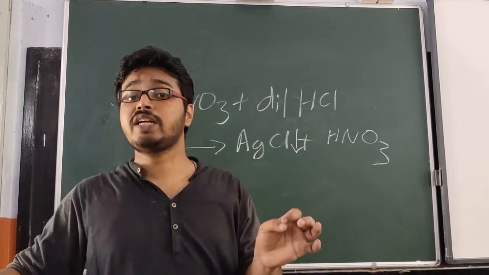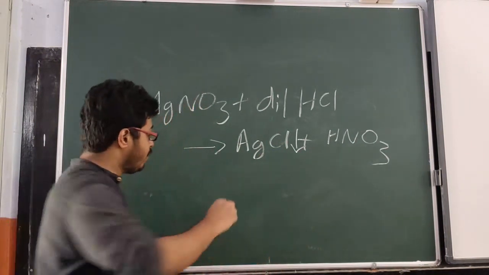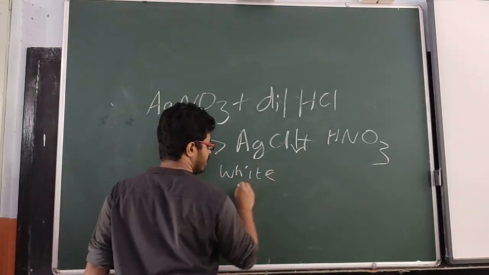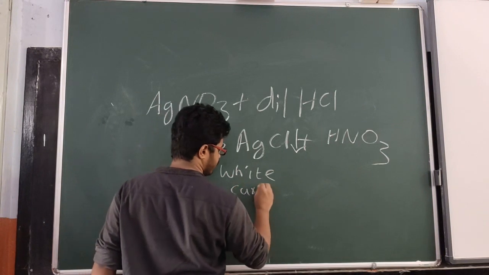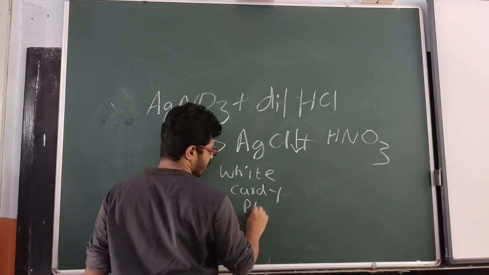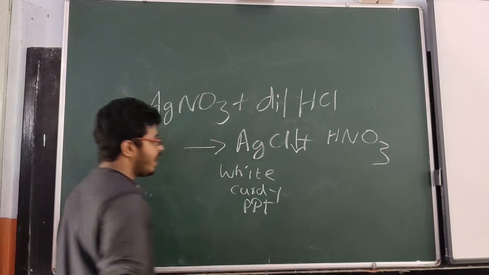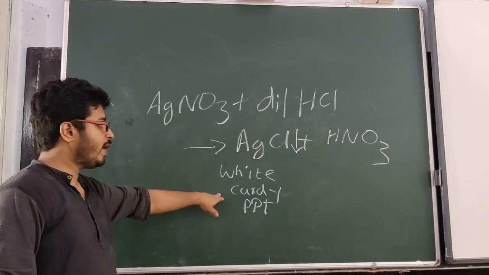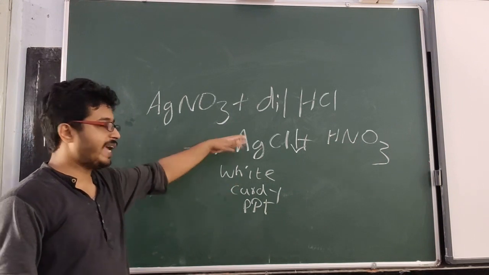It is not just a white precipitate. What was the specialty of that precipitate? It is called a white curdy precipitate. So if you add dilute HCl to AgNO3 solution, you can see a white curdy precipitate of AgCl.